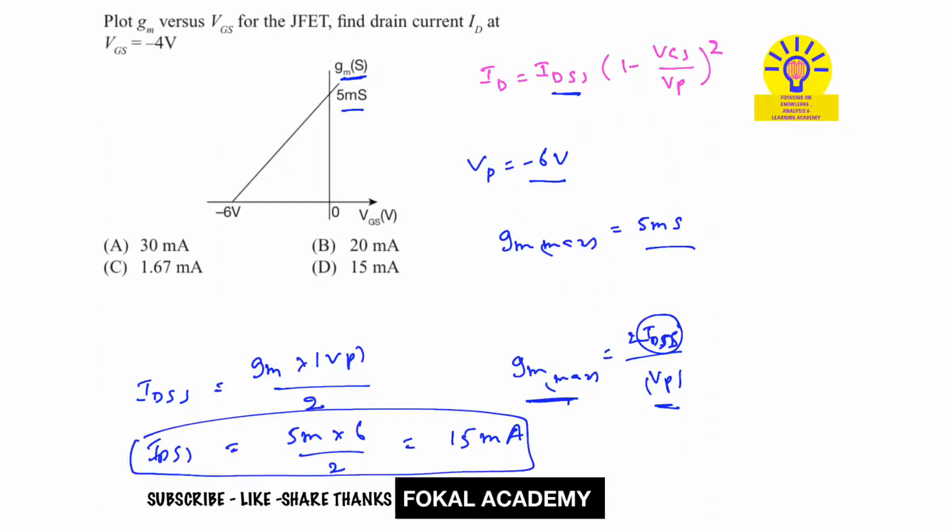Now we want the drain current according to the problem, at VGS equal to minus 4 volts. We know VP is equal to minus 6. Now substitute here. ID equal to IDSS into (1 minus VGS by VP) whole square.